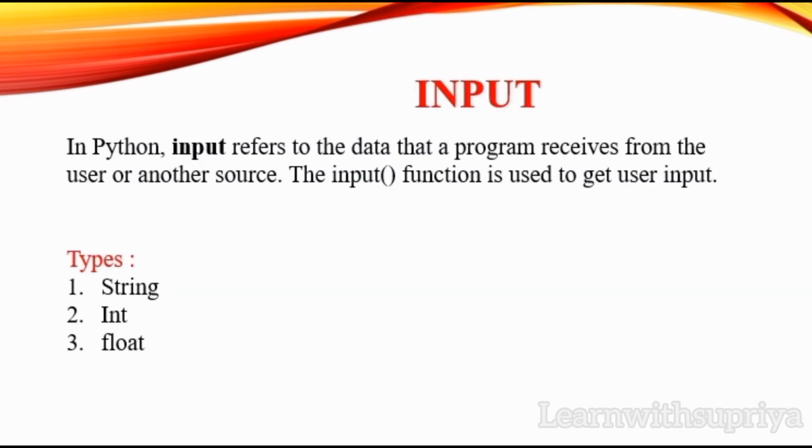So now we will see input in Python. Imagine you're chatting with a program and it asks you for information, just like a friend asking, hey, what is your name? In Python, you use the input function to get responses from the user. But here the trick is, Python always treats input as text.